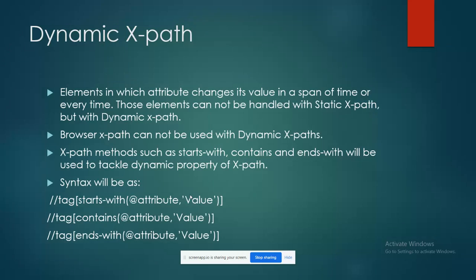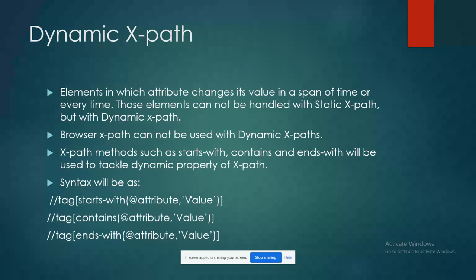Suppose the web page is very dynamic and some dynamic elements are present inside it. In that case, the ID or class or tag name changes after some time. This kind of technique is dynamic XPath.